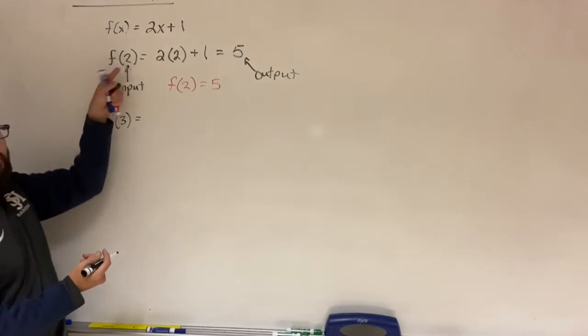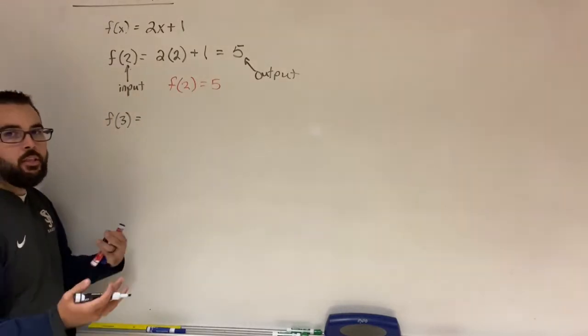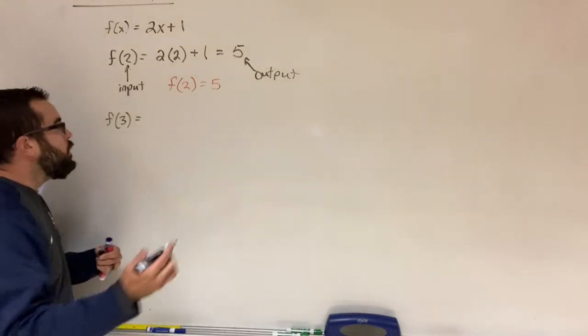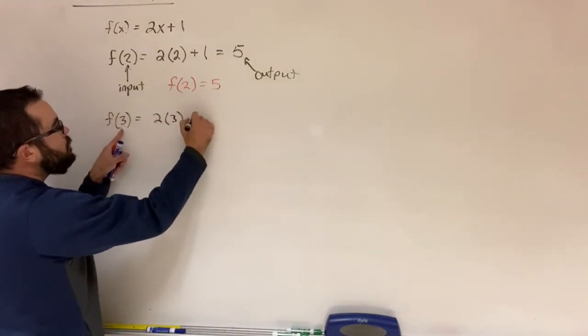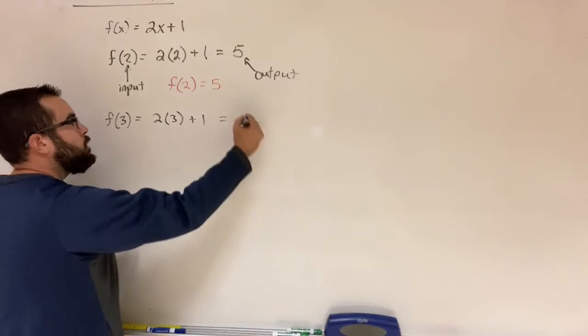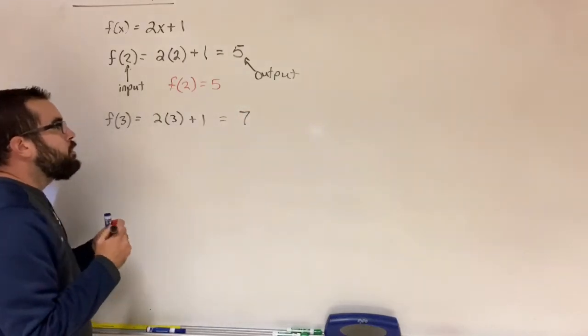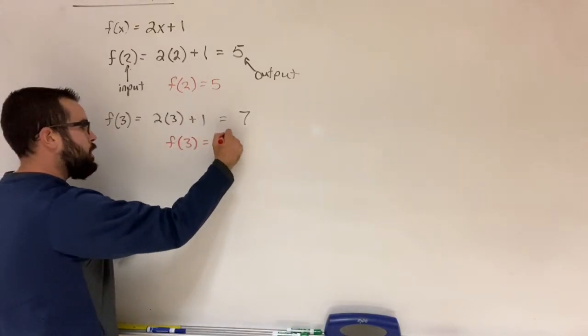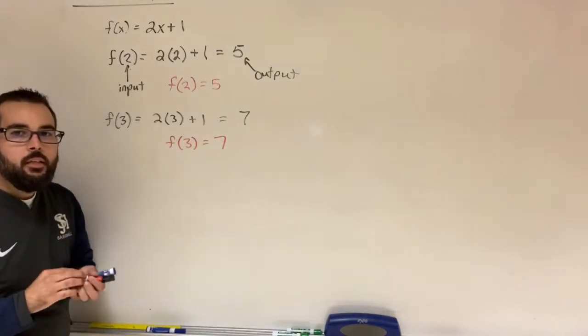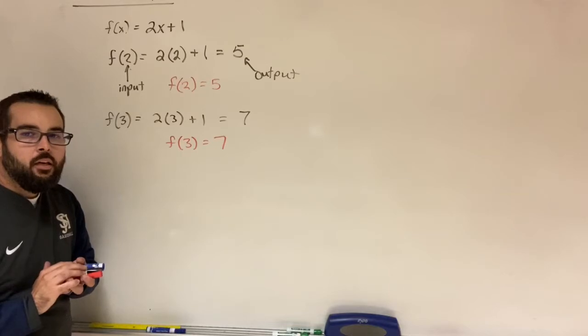And by the way, I didn't pick 2 for any particular reason. I just chose a number to start with. All right, so 3. What about 3? Well, that would be 2 times 3 plus 1, which is 7. So again, we have that f of 3 is equal to 7.